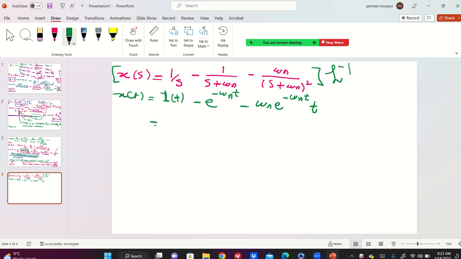So you can write it like this: step minus e to the minus omega n t times (1 plus omega n t).